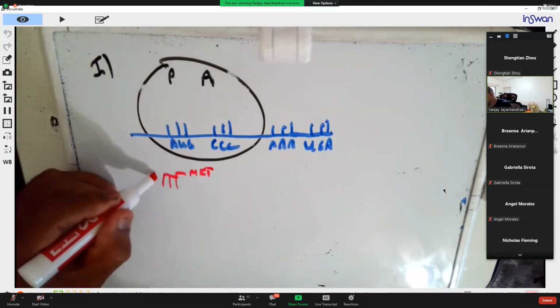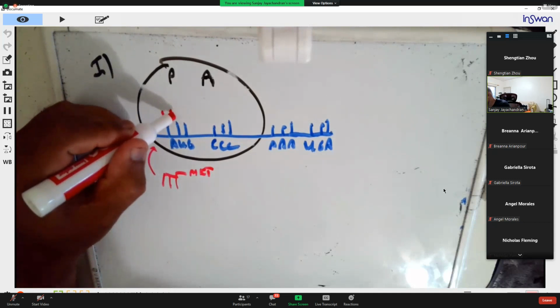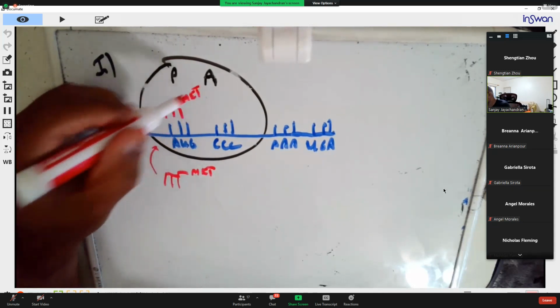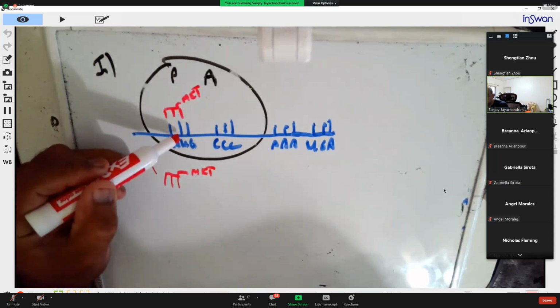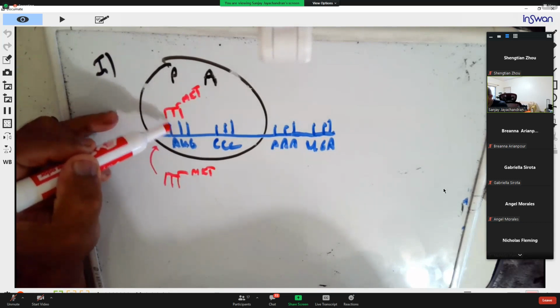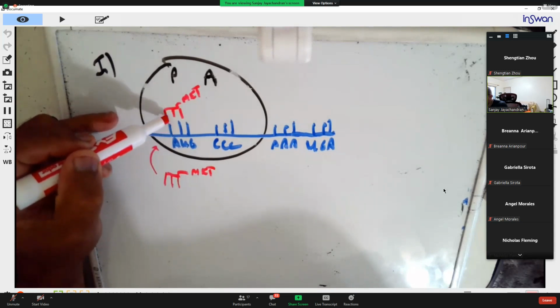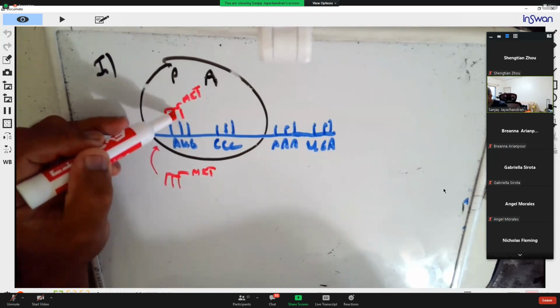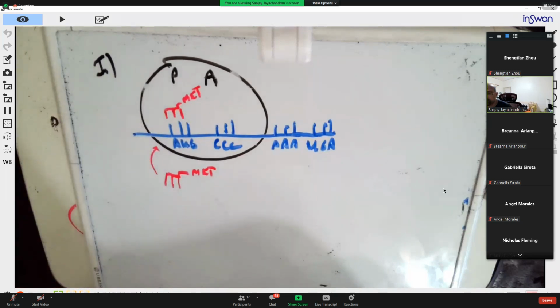So this tRNA is going to go into the ribosome and hook up with the mRNA. So this is a codon, anticodon, RNA to RNA hookup. This is an mRNA, this is a tRNA. They're both RNAs. A, U, U, A, G, C. Yes?